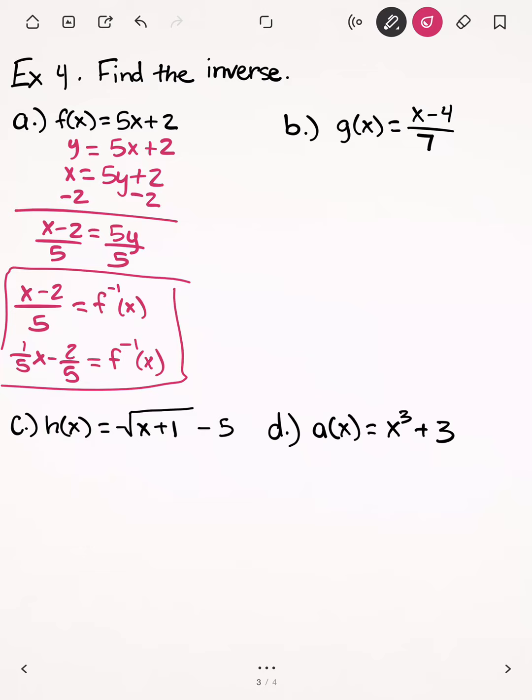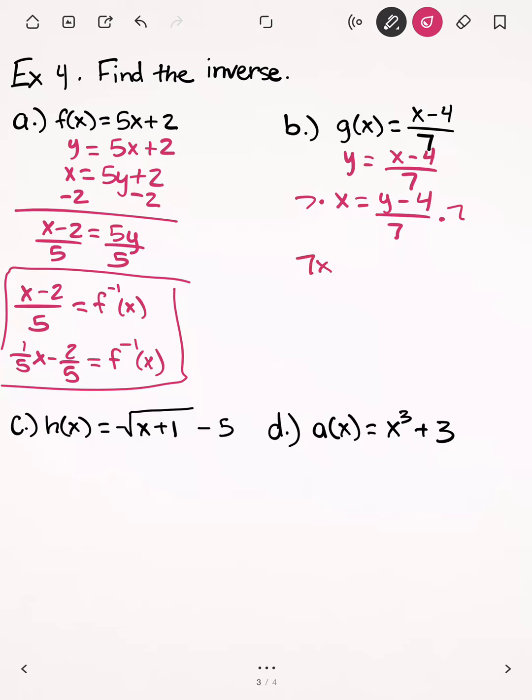Looking at letter B, I have g of x equals (x - 4) divided by 7. So I'm going to go ahead and switch that g of x to a y. Okay, and again, step 1, we switch our x and our y completely. And then we solve for y. So to get the 7 out of the denominator, I'm multiplying both sides by 7.